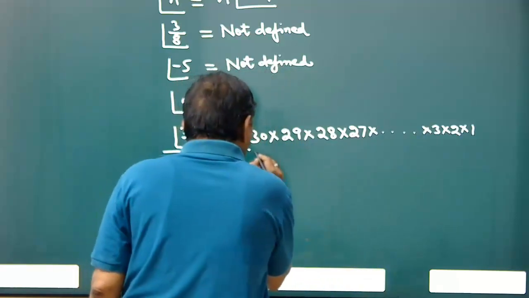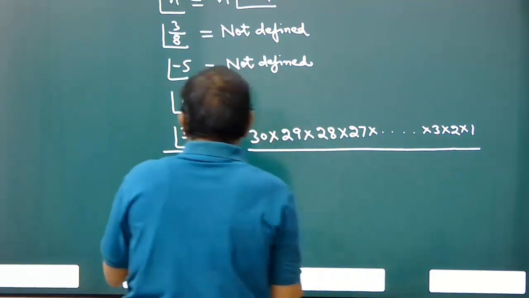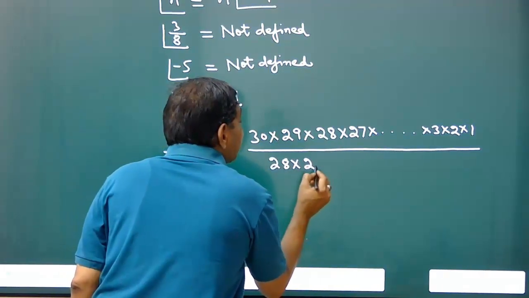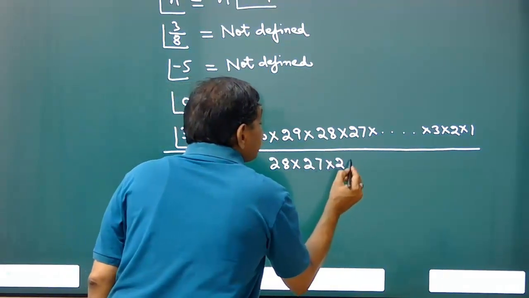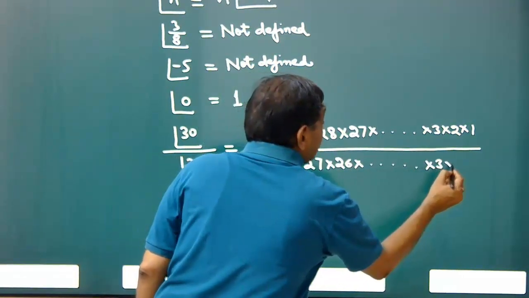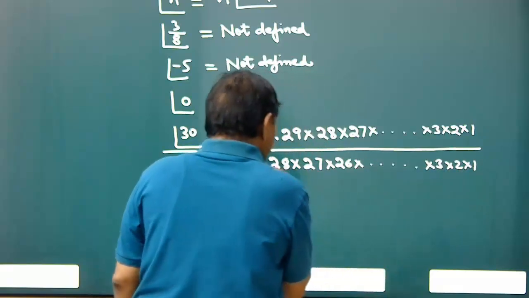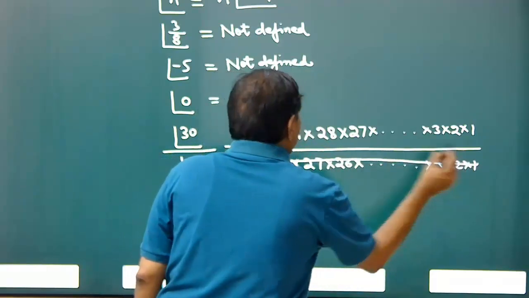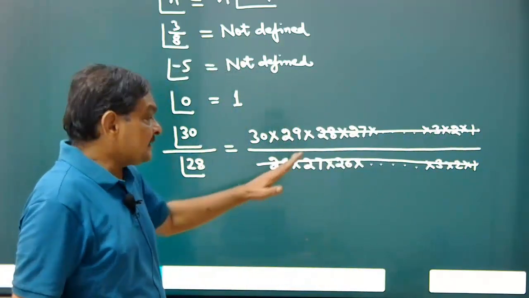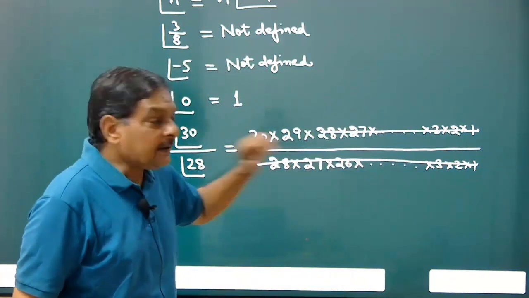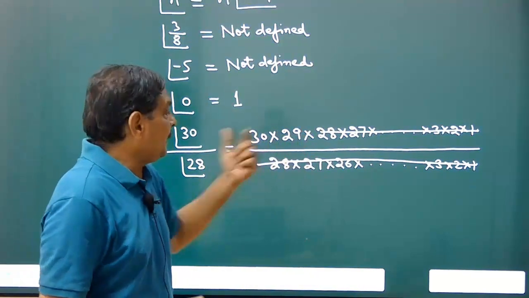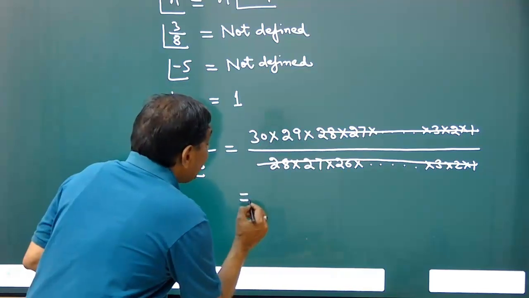And upon this, factorial 28 will be 28 into 27 into 26, and this multiplication is also up to 3 into 2 into 1. So 28 into 27 up to 1 will be cancelled because it is there in both numerator and denominator. What we find is 30 into 29, so this is equal to 870.